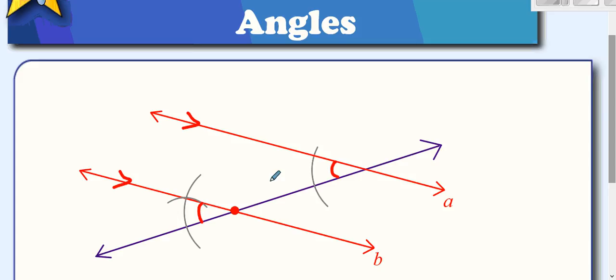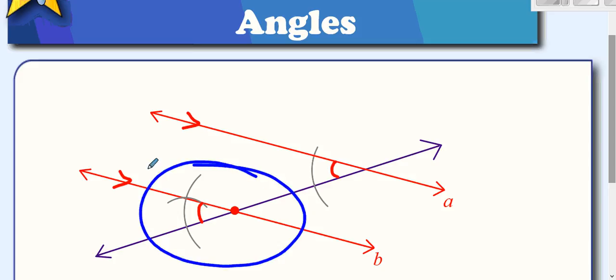But we made these two angles be congruent. So an easy next step is to know that looking at this portion of our parallel lines with the transversal, specifically right here, that's a linear pair.